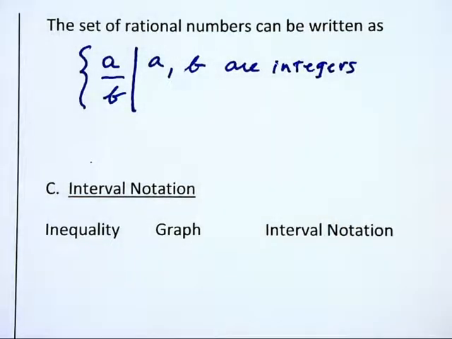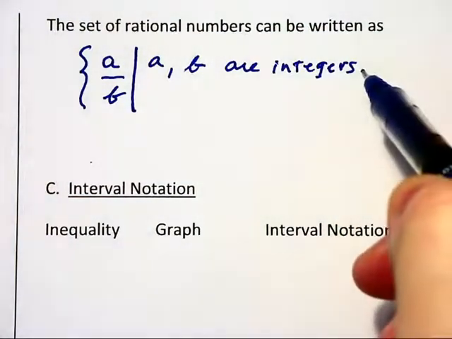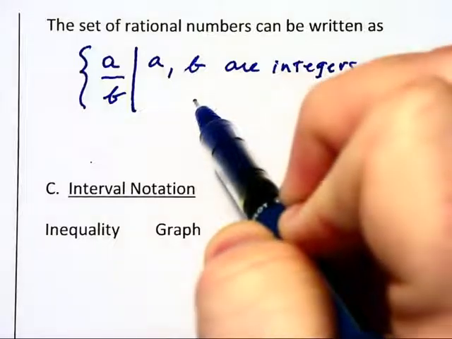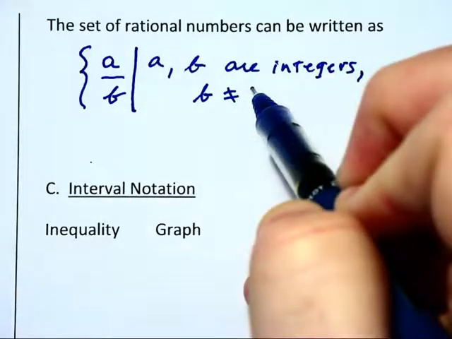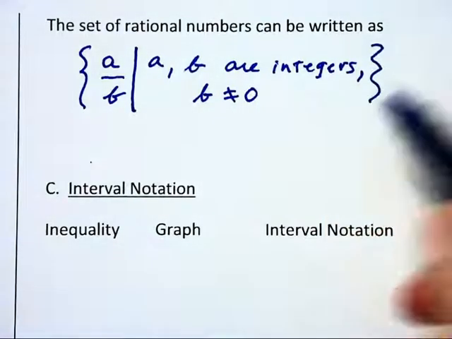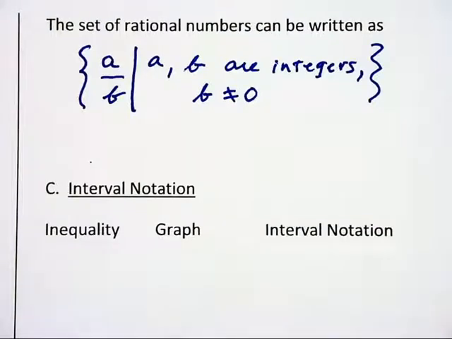That pretty much creates our fraction for us. However, we also have to say b cannot equal 0. And that would be a more formal way of describing what the rational numbers are using this set builder notation.